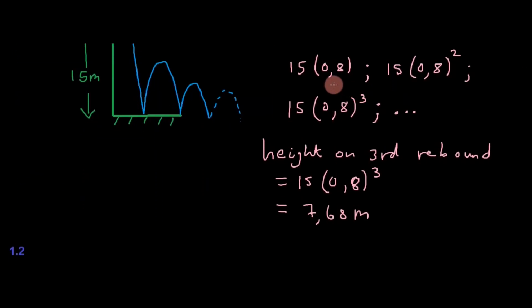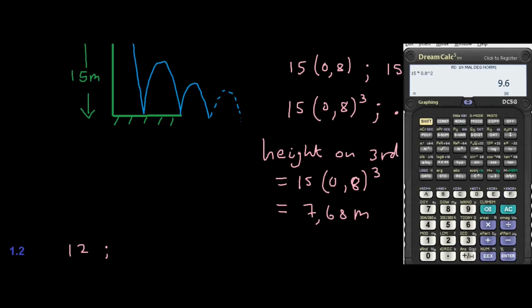So let's go back to this GP we have over here. We're going to work out the exact values. So 15 times 0.8 is 12 meters. Then 15 times 0.8 squared is 9.6.